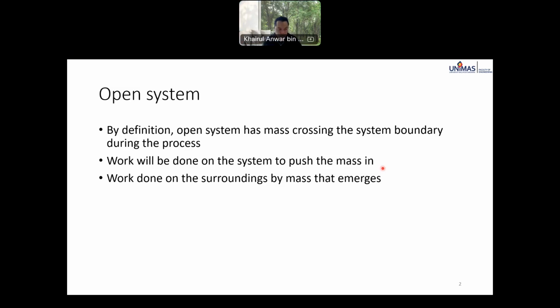Vice versa, for an open system, the mass can cross the system boundary during the process. So work will be done on the system to push the mass in, and work is done on the surroundings by the mass that emerges from the system.